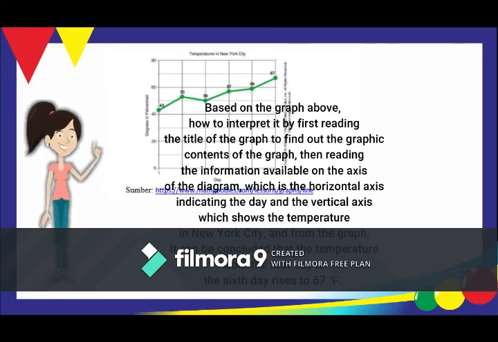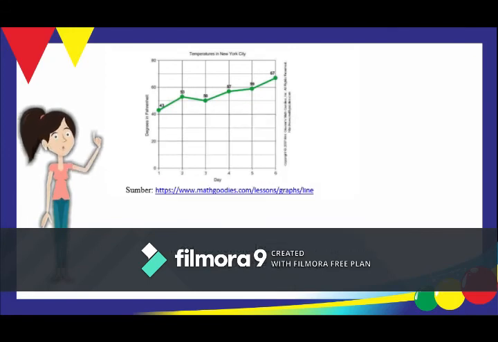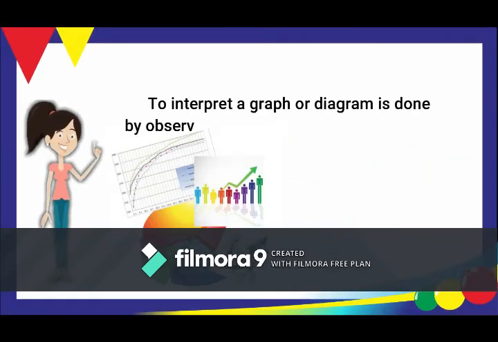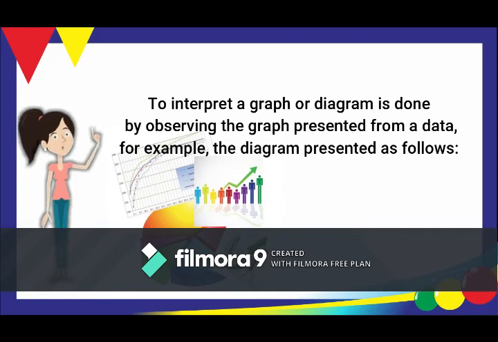From the graph, it can be concluded that the temperature from the first day to the sixth day rises to 67 degrees Fahrenheit. For the interpretation of other graphs or diagrams, adjust by paying attention to the same things as in the graph above, for example bar charts, pie charts, and other charts.